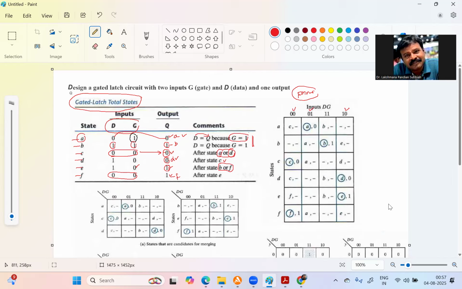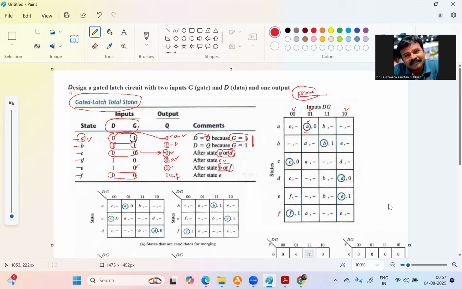Now, how do you fill the primitive table? A is actually at 0, 1. In that 0, 1 column you fill A with a circle, so that is a stable state and the output is 0.